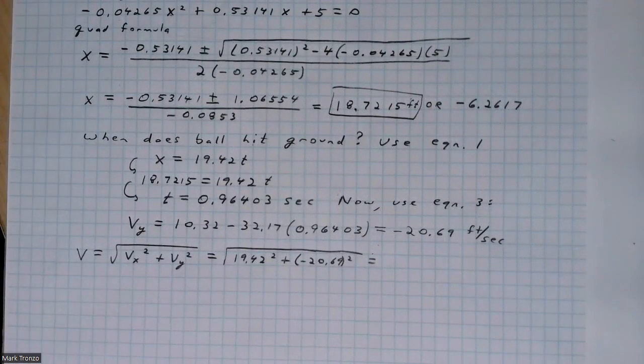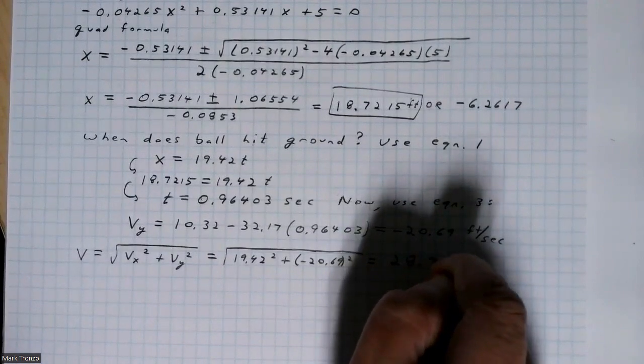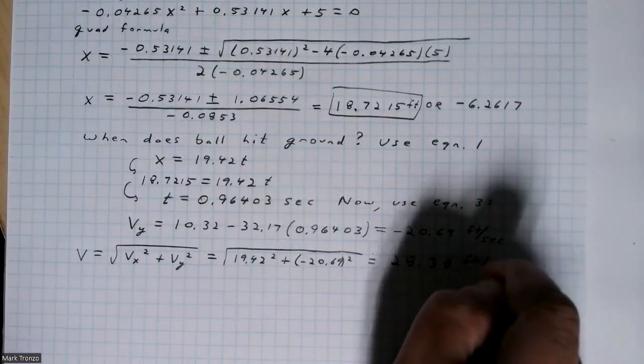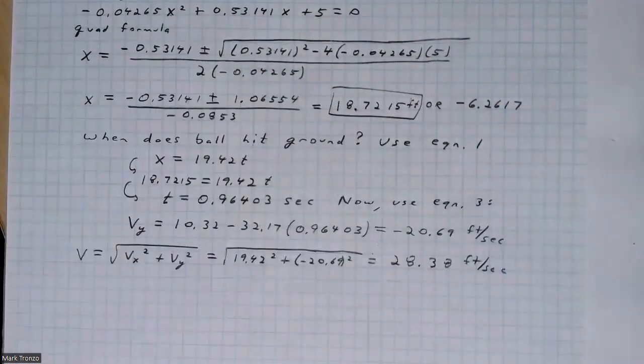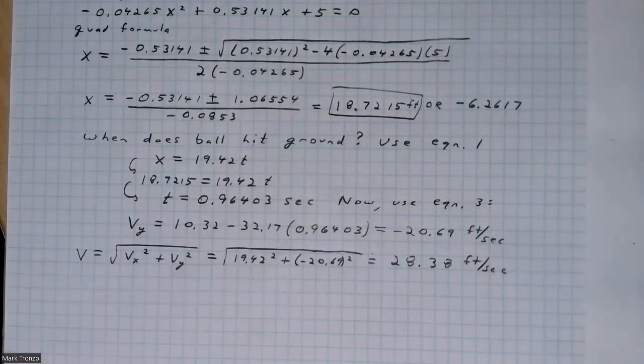And so if you put that in your calculator, you get about 28.38 feet per second is going to be the velocity. Where this was the x component, that was the y component.